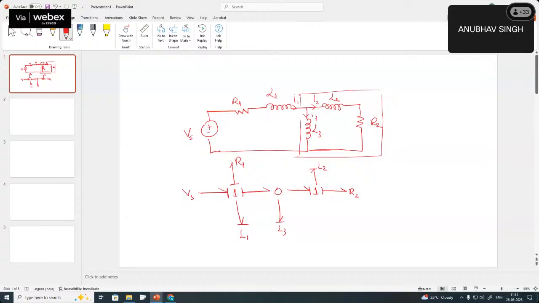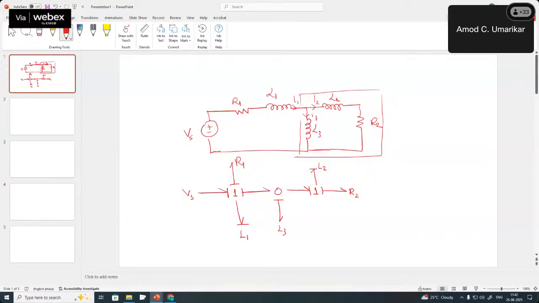Here all bonds are away from the zero junction, but there should be at least one causal bar at the zero junction, right? So some modeling issue is there. If you put this, then it is satisfied.